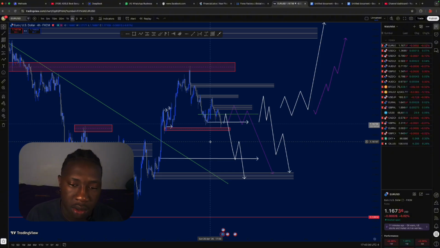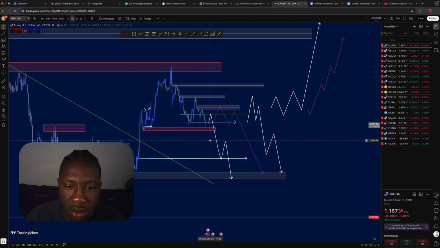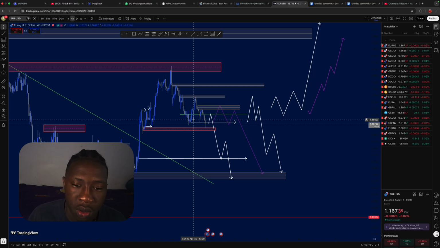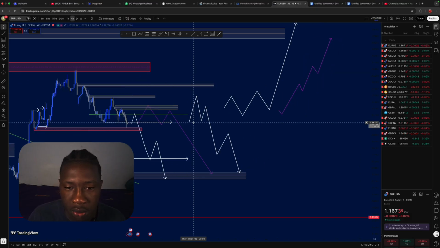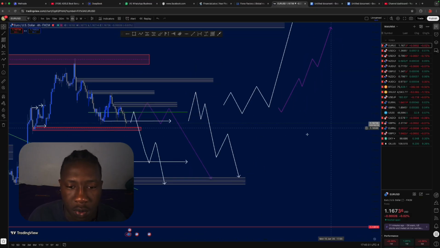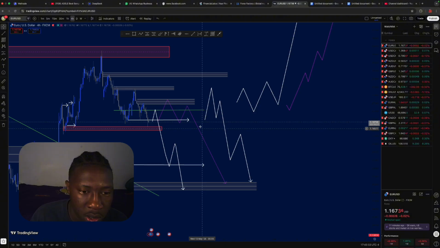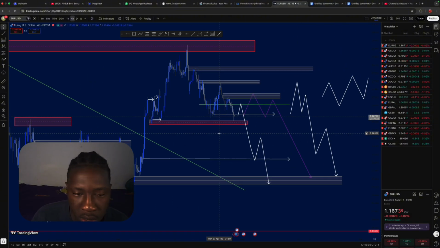Because the volume of selling power is not that big compared to the volume of buying power. And also the momentum of the candlesticks is not that big, but we can see we are now selling.